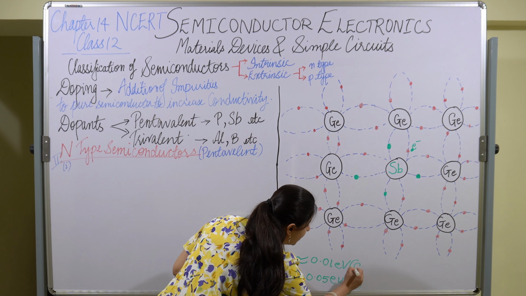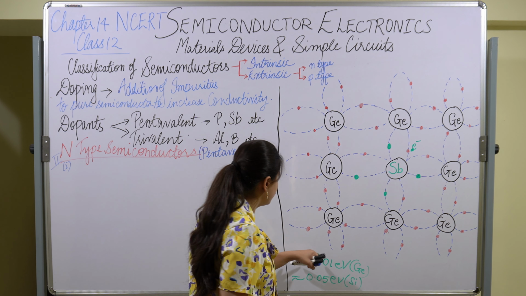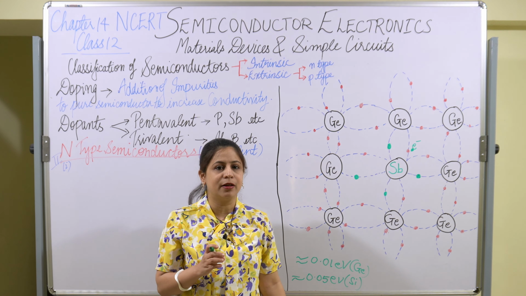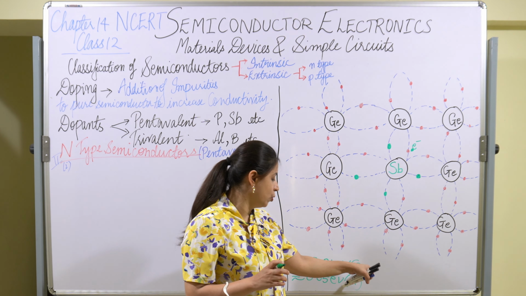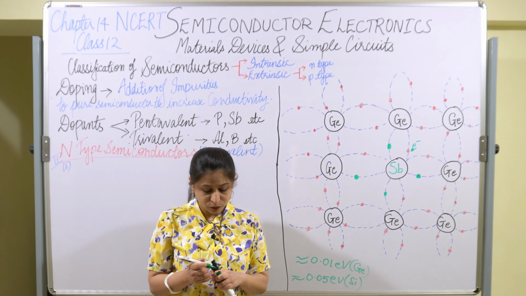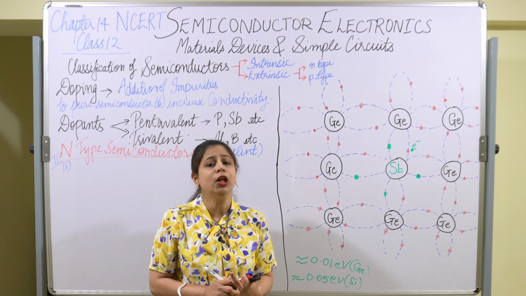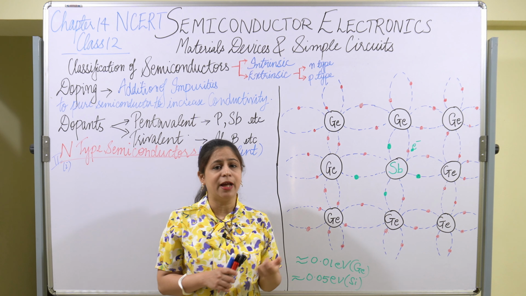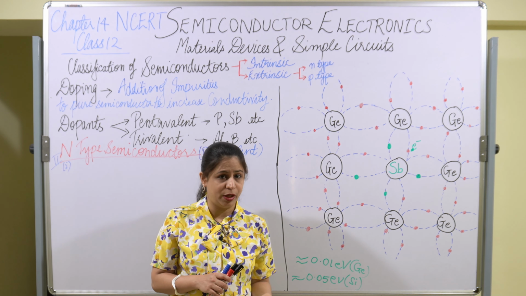But we have taken the germanium crystal, in which we have added the antimony impurity, which has valency 5, so it is a pentavalent impurity.